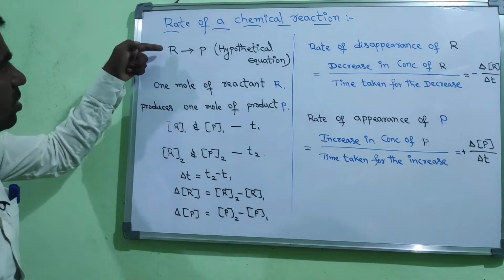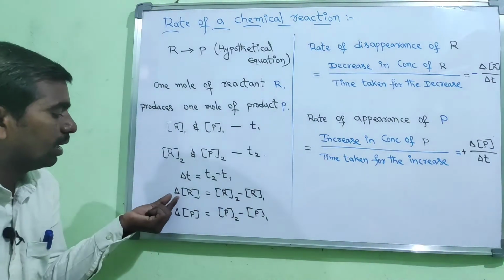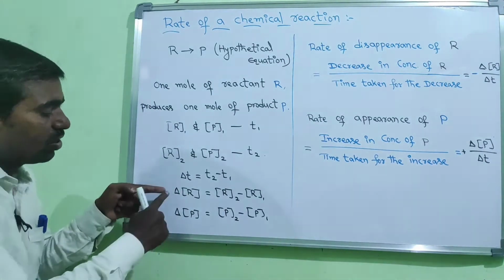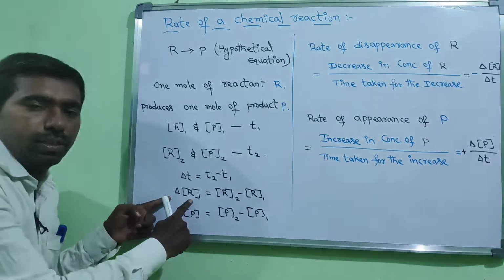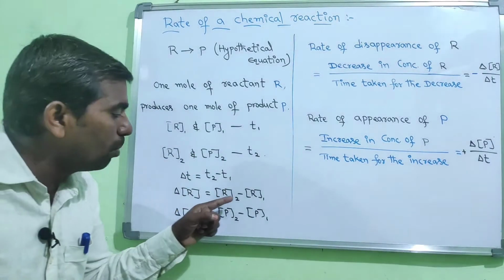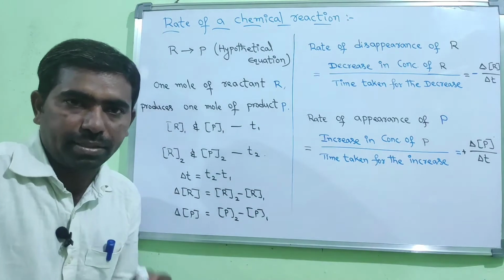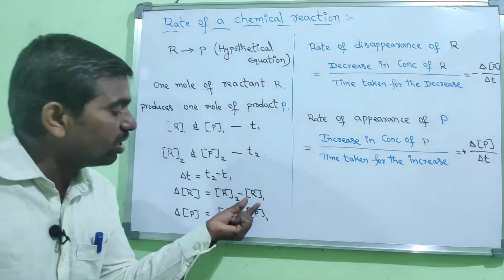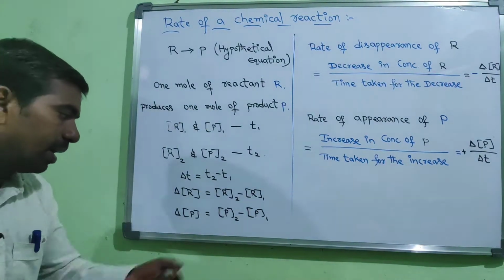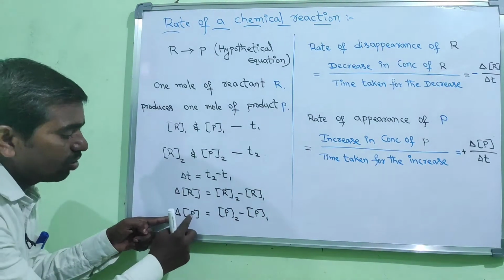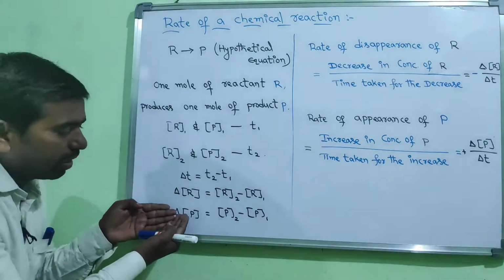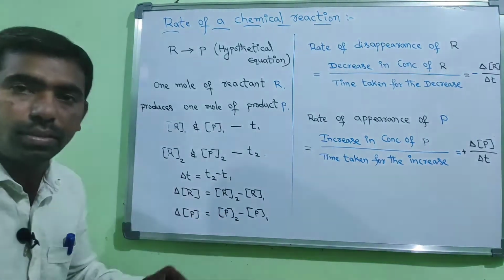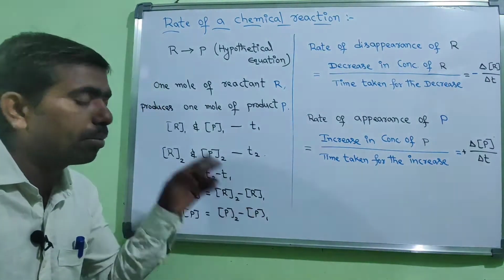The change in the concentration of the reactant, represented here as delta R in square brackets, equals R2 minus R1 in square brackets. That is the final concentration of the reactant minus the initial concentration of the reactant. And delta P in square brackets, that means the change in the concentration of the product, equals the final concentration of the product minus the initial concentration of the product.